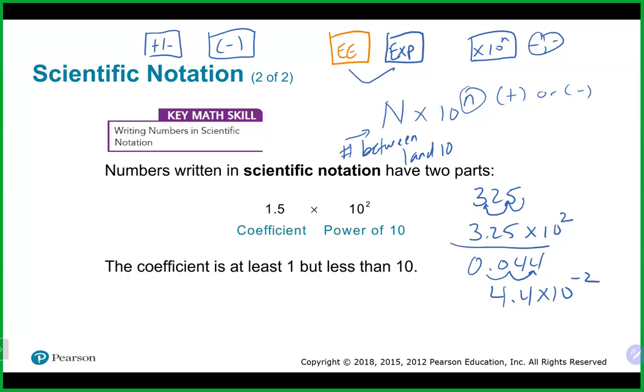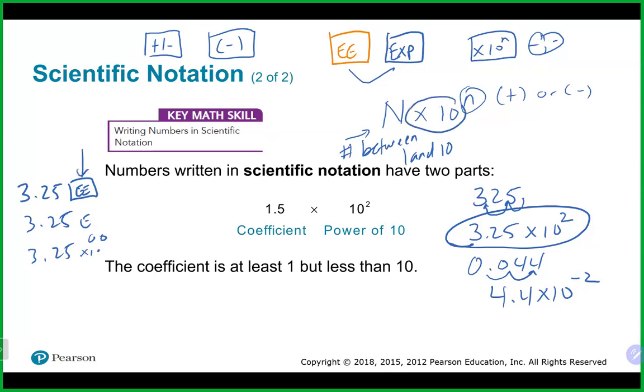So if we were going to put this into our calculator, 3.25, we would hit our exponent button. That will probably give you a 3.25 and an E, or maybe a 3.25 and some zeros. And remember that this button stands for the times 10 part.